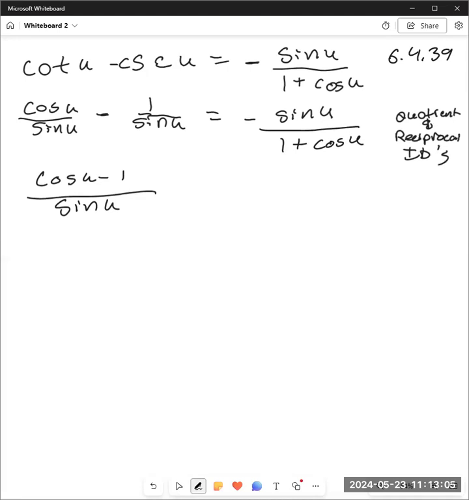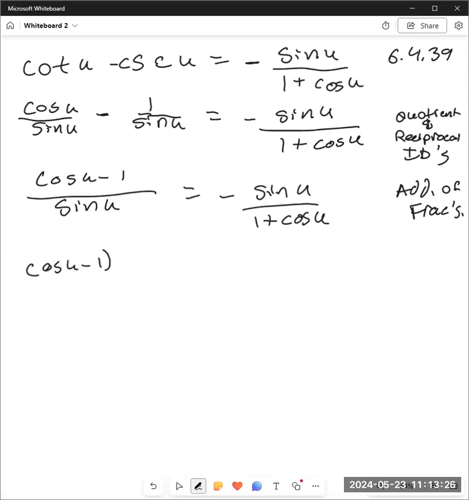Then this is going to be addition of fractions in this step. And we're going to multiply by a unit fraction here. That is going to be a conjugate. So we're going to multiply top and bottom by cosine u plus 1.